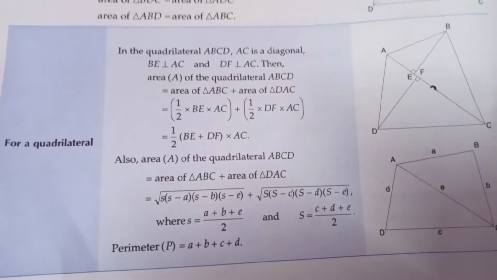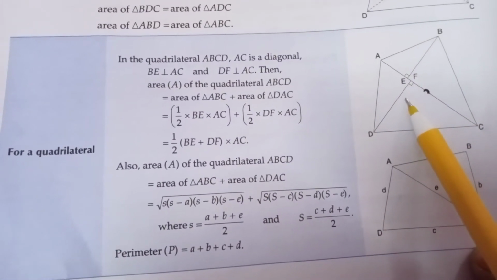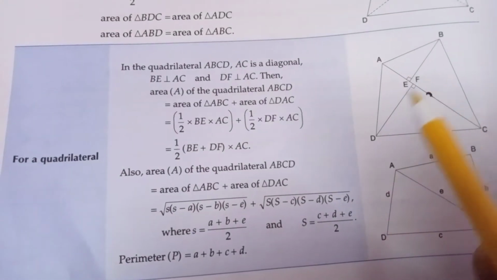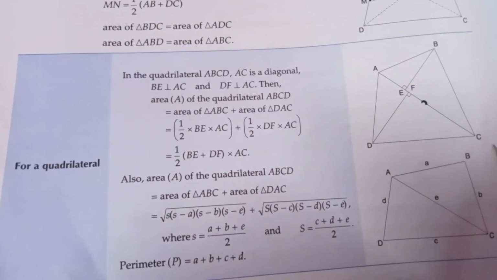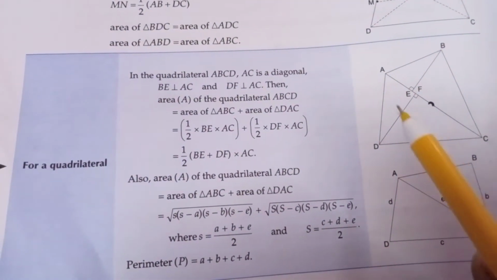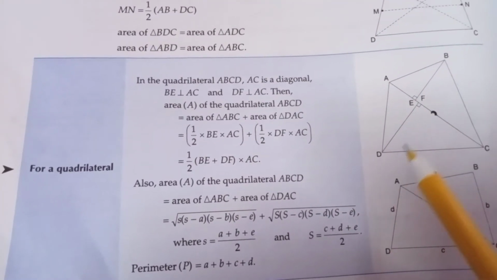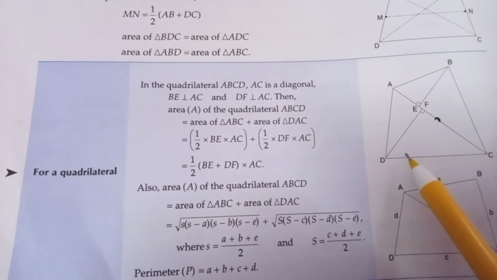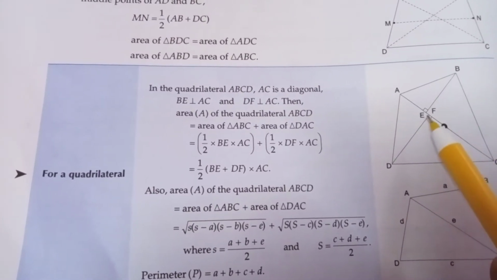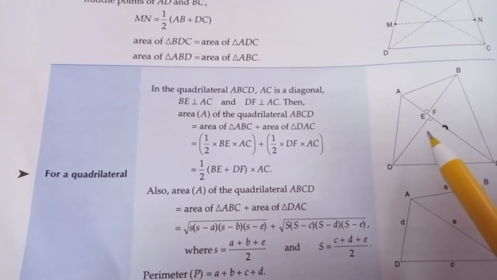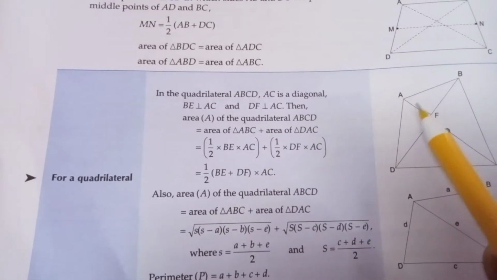In case of a general quadrilateral, if we have to find the area, we observe that this quadrilateral is divided into two triangles, ADC and ABC. If such a diagram is given where the heights BE and DF are given, we use the formula for the area of a triangle.